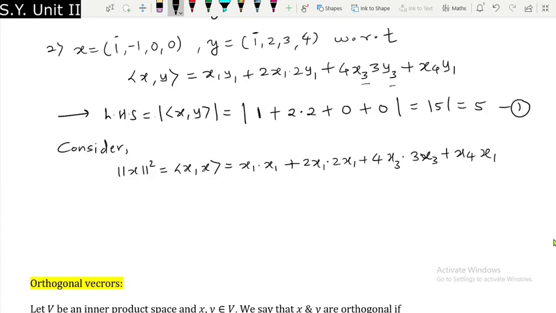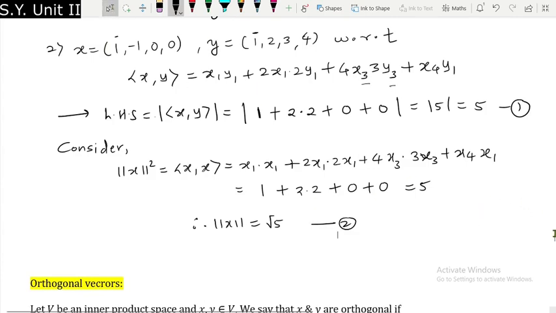This is my inner product of x with x. So this will be equal to, now x1 multiplied by x1 is x1 square, which is 1, plus twice x1 multiplied by twice x1 means 2 multiplied by 2, plus x3 is 0, this will be 0, x4 is 0, this will be 0, so therefore it is again 5. Okay, since norm of x square is 5, what will be norm of x? Norm of x will be under root of 5, and I will call it 2.